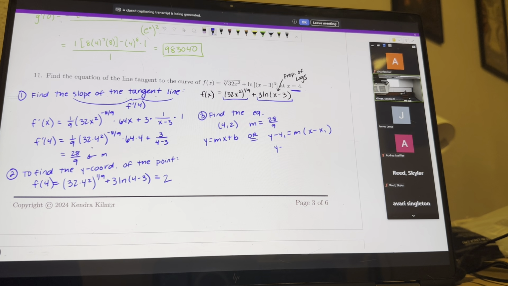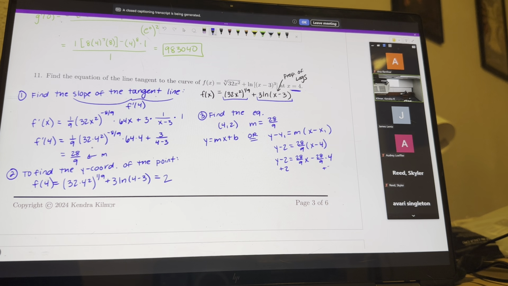So we have y minus 2 is equal to 28/9 times x minus 4. I'm just plugging in the y coordinate of my point for y1, plugging in my slope for m, plugging in the x coordinate of my point for x1. That's technically an equation of a line, but if we want to solve it for y, we could distribute that 28/9. So we have y minus 2 is equal to 28/9 x minus 28/9 times 4.